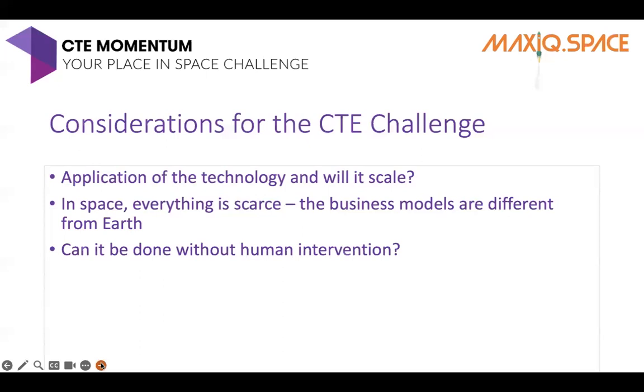The next thing is that in space, everything is scarce, as I mentioned before, and you'll find that the business models are different from here on Earth. There are a number of products and services that are only going to be viable when they're used in space because of the scarcity.